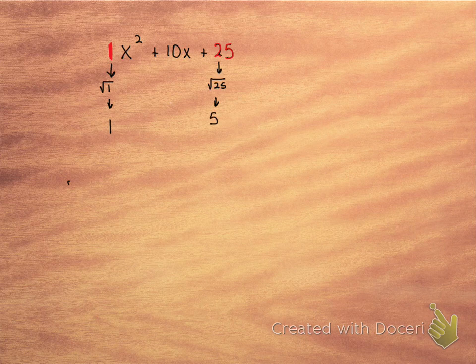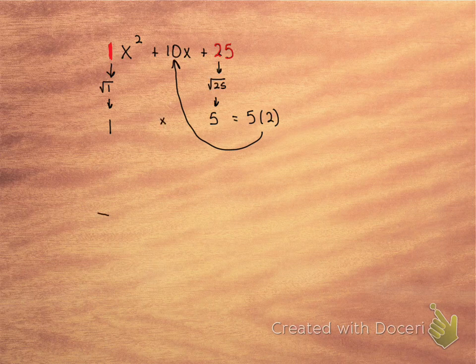So we've got a 1 and a 5. Multiply those two numbers together, which will give you a 5. And if you can double that number and get what your middle number is, this is a perfect square trinomial. So 5 times 2 is 10. That means that this is a perfect square trinomial.